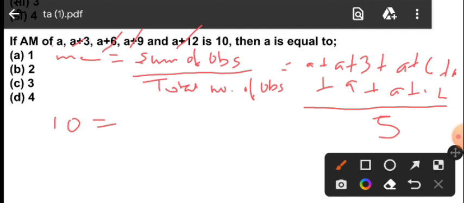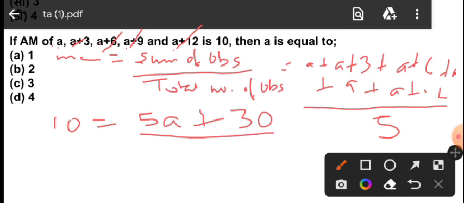Sum of observations, let's try to add it. How many a's are here? 1, 2, 3, 4, 5. 5a is given, so we will write 5a, and the numbers 3 plus 6 and 9, 9 18, 18 and 12 is 30. So here we will write 30, and here 5.